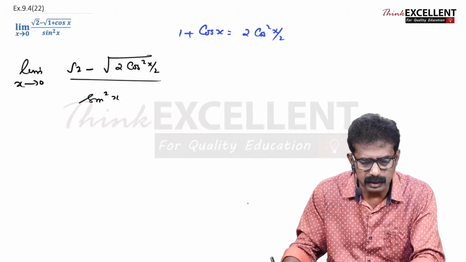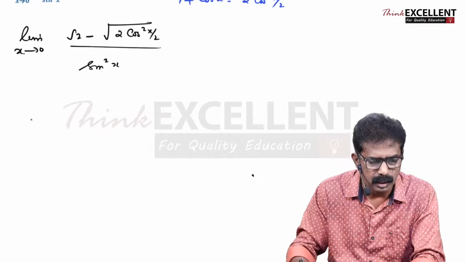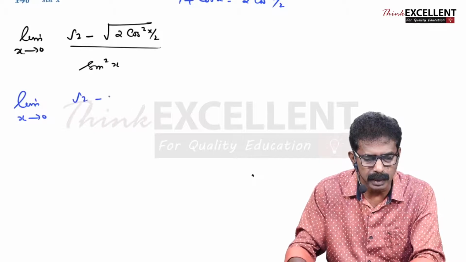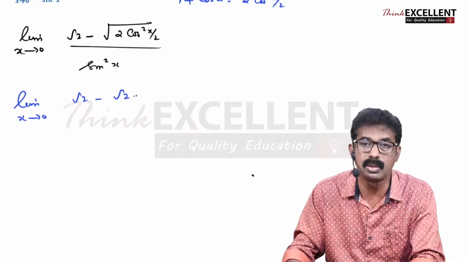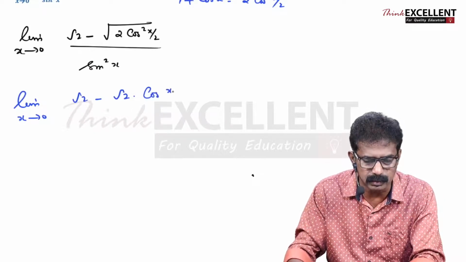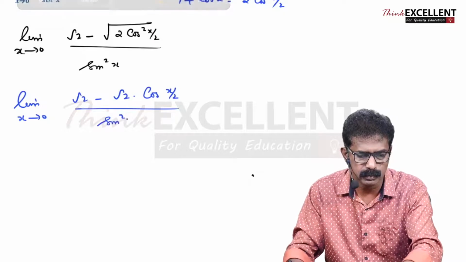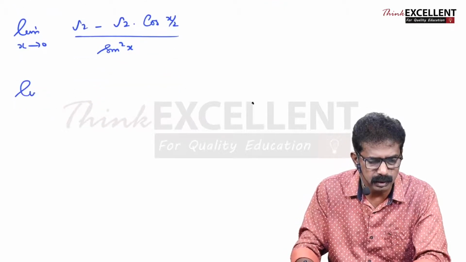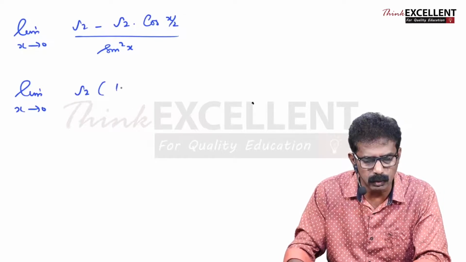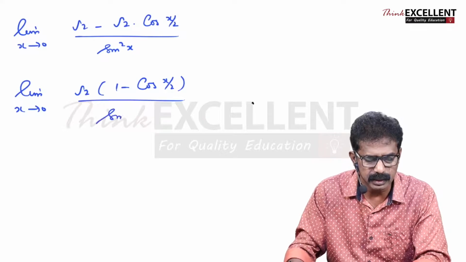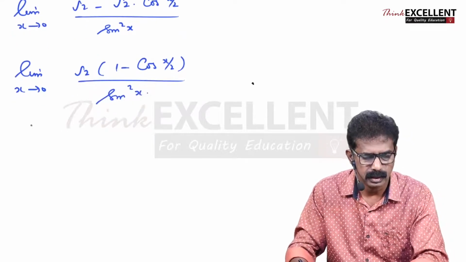So the numerator you can write as limit x tends to 0, root 2 minus, split into 2, root 2 into root of cos square x by 2, which is cos x by 2, divided by sin square x. Take root 2 common, so limit x tends to 0, root 2 you take outside, you are getting 1 minus cos x by 2. Once again of the same type, right? Divided by sin square x.